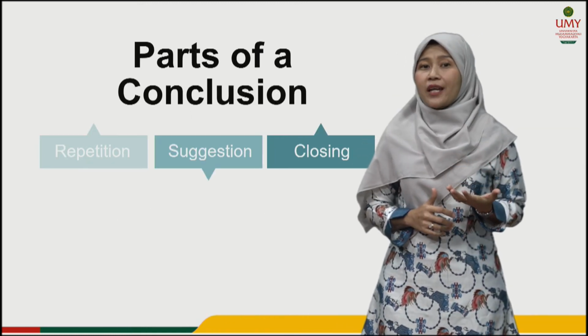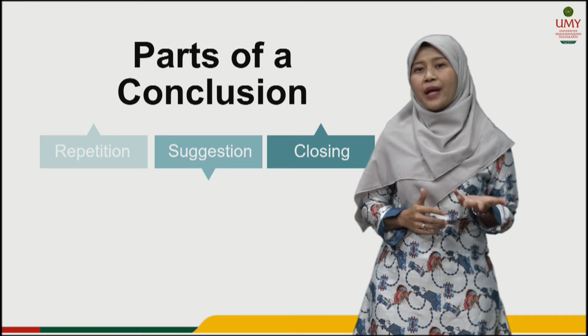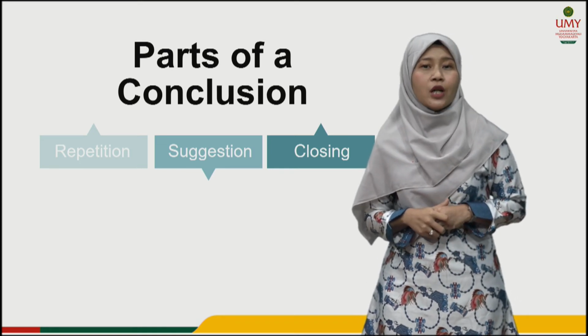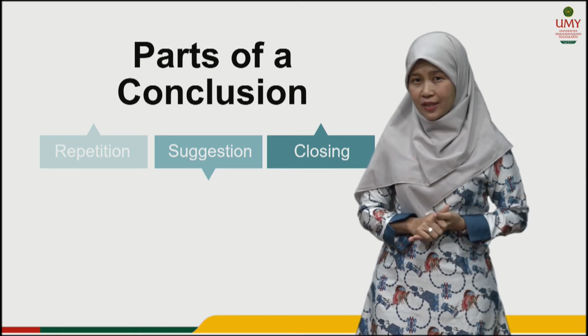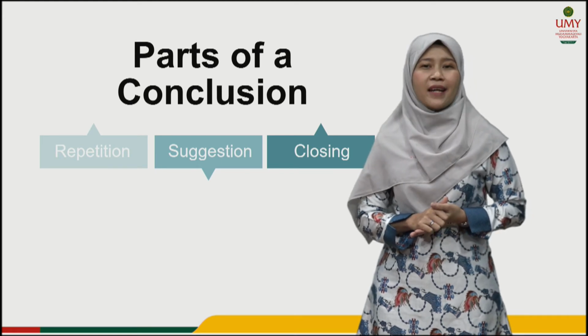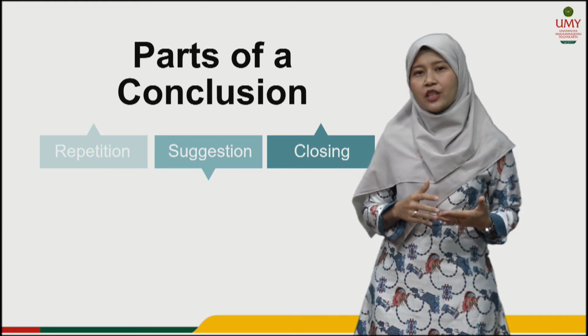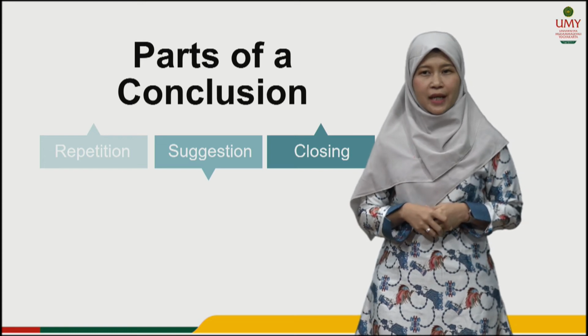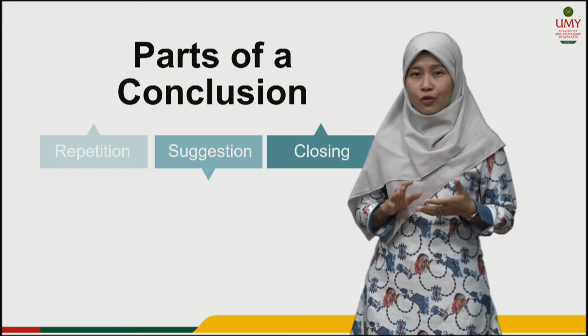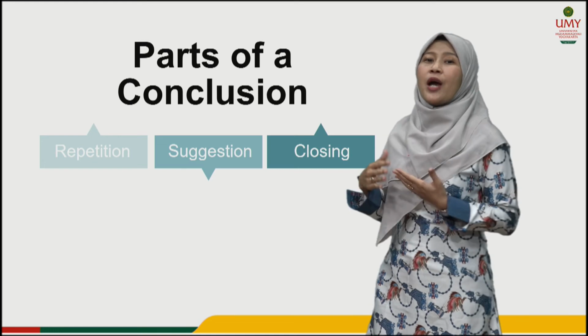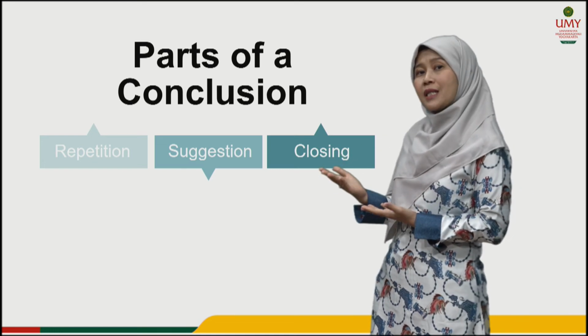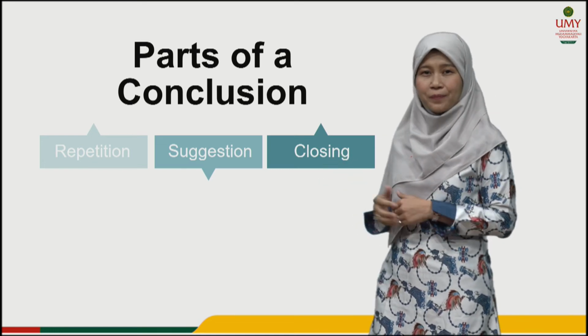An easy way to make it is to review the point or to restate the topic sentence. Look again at the outline you've mentioned in the introduction. If you mention 3 points in the outline, you have to make sure that you repeat the cycle 3 times.